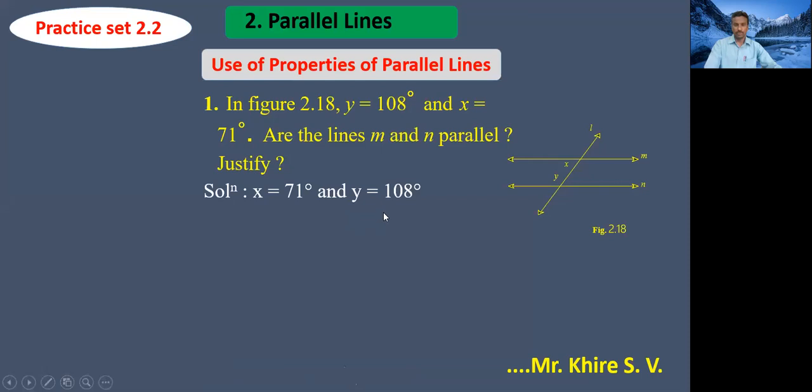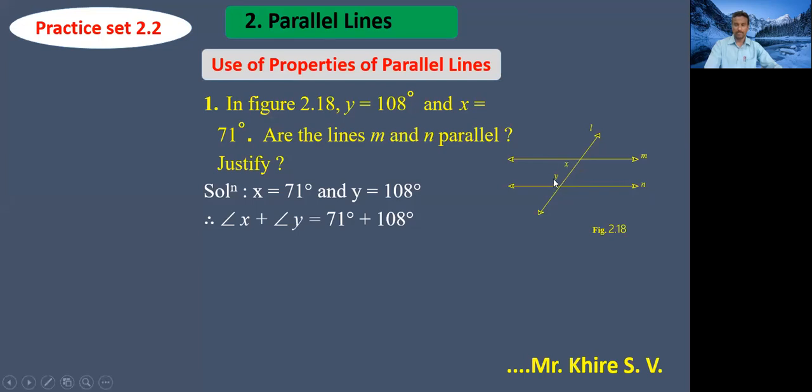Let's see solution of first example. x is equal to 71 degree and y is equal to 108 degree given. Now, you know properties of parallel lines. If two lines are parallel and one is their transversal, then interior angles x and y, these two are interior angles, and interior angles are supplementary.